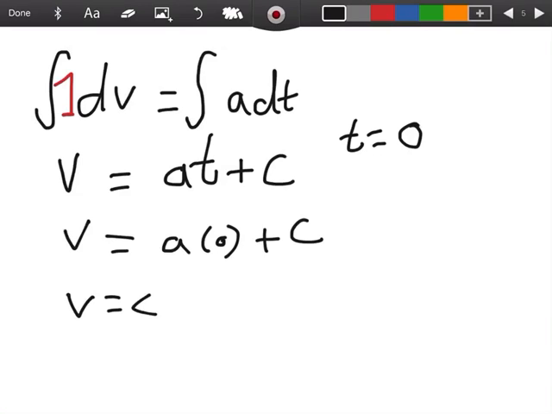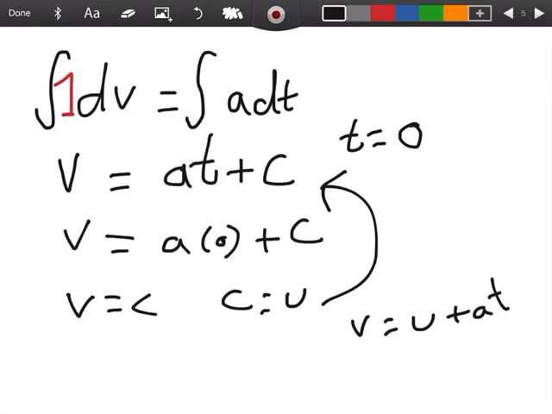Now, when time equals 0, the velocity will actually be the initial velocity. So c equals u. And if we input that back into here, we get v equals u plus at. There you go. Two ways to derive the equation.